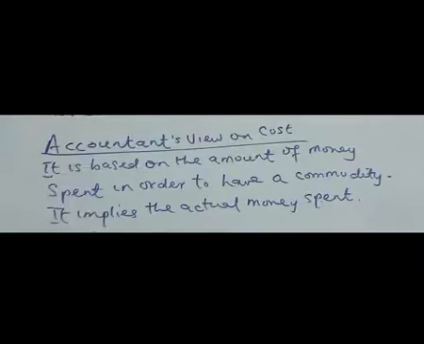So their views on cost are different. That's why we look at the views on cost. Economists' view is based on opportunity cost, that we call alternative foregone, while accountants' view is based on actual money spent, that we call money cost.